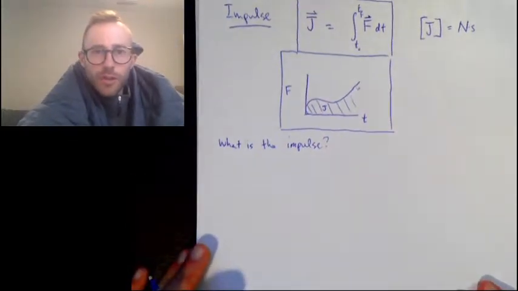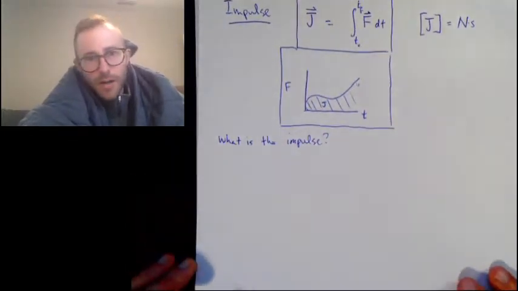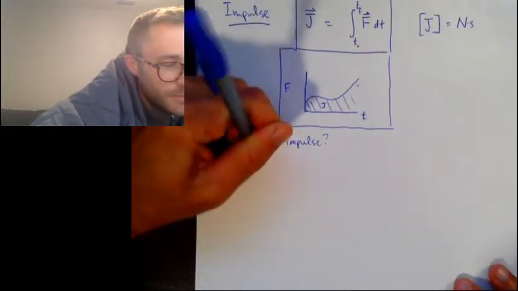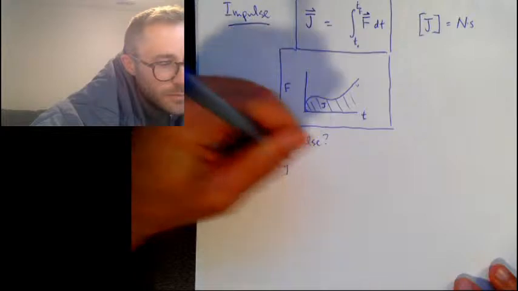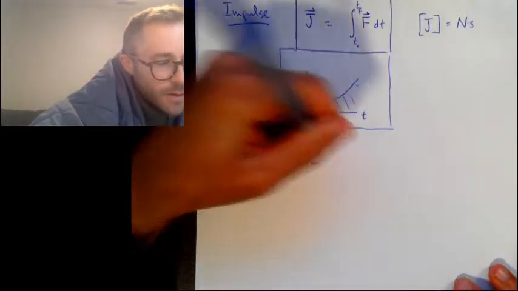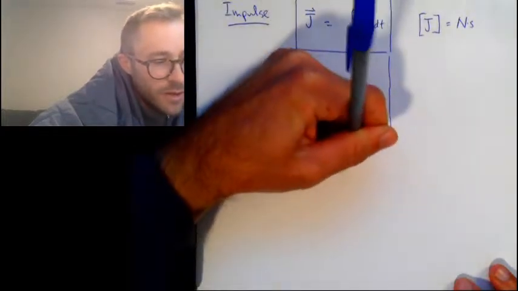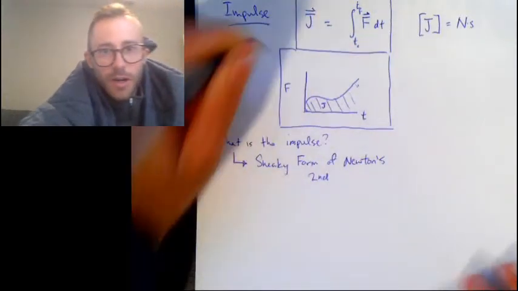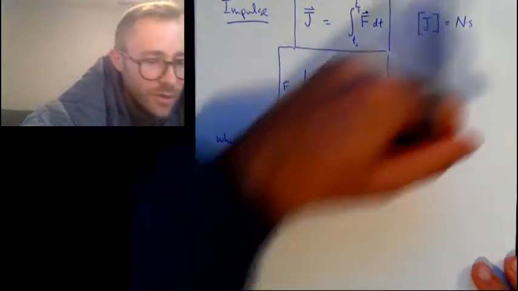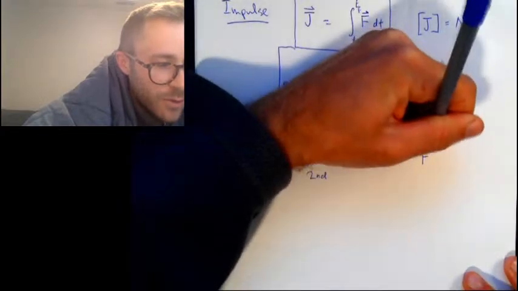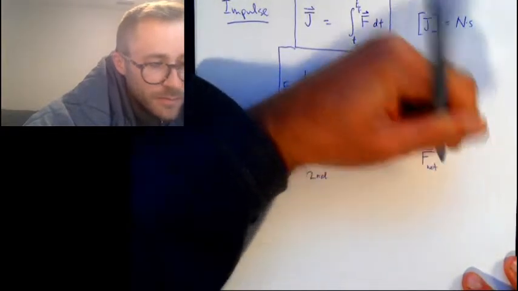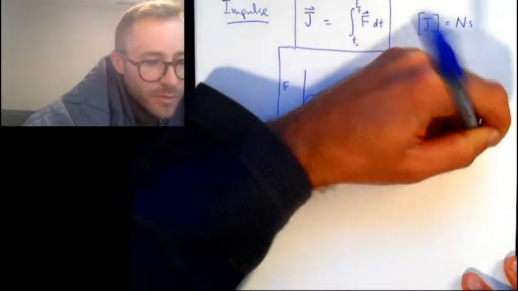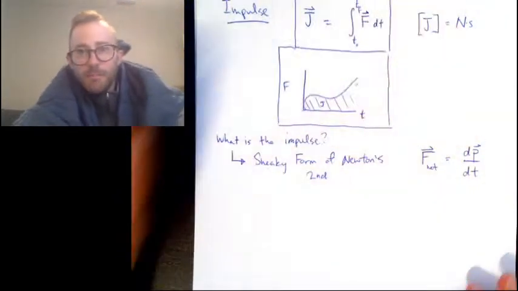To understand what it means, I would like to go to the sneaky form of Newton's second law. To remind you, the sneaky form was net force equals the derivative of the momentum with respect to time.